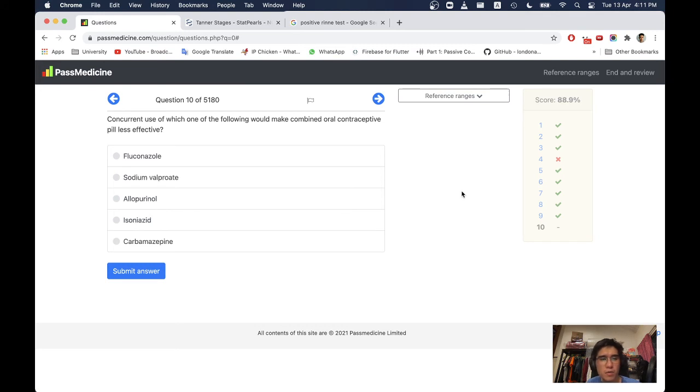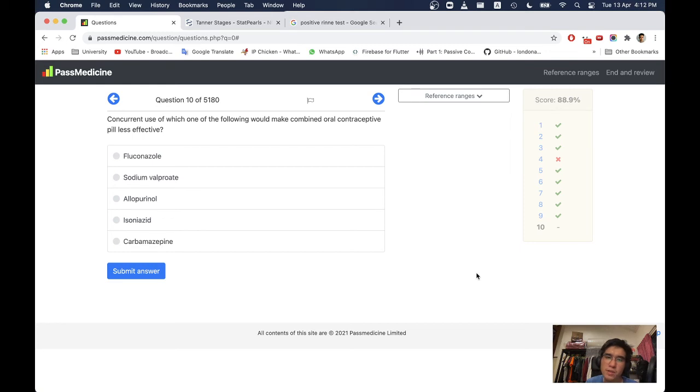Concurrent use of which one of the following would make the combined oral contraceptive pill less effective? Any enzyme inducer will cause the COCP to be less effective. Carbamazepine is an inducer. Remember CRAP GPS? These are inducers.